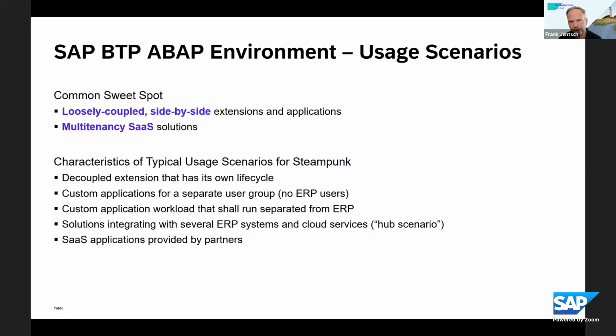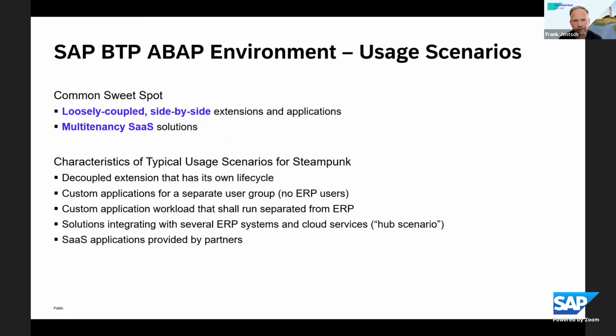If we look into the usage scenarios, we see two main clusters, two main sweet spots. First of all, loosely coupled side-by-side extensions and applications, mainly for customers, and multi-tenancy SaaS solutions, mainly relevant for partners.